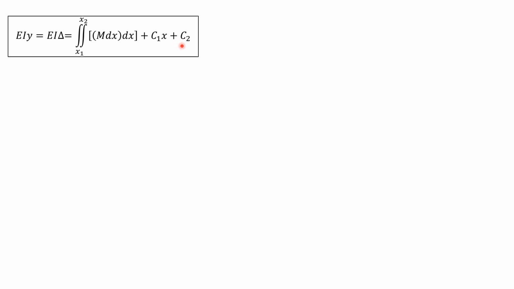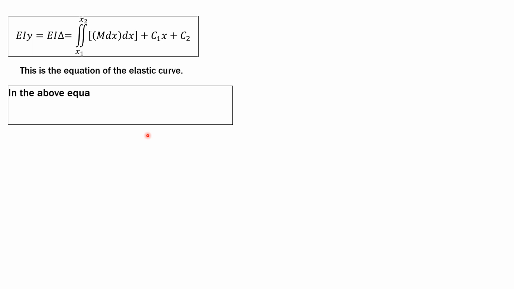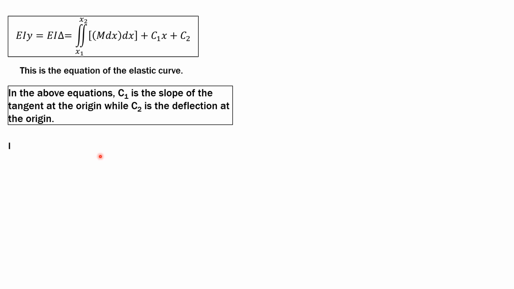If the origin is a support, then c sub 2 will be 0, but there is a value of c sub 1. When the support is fixed, then there will be no c sub 2 because there is no deflection at the fixed support, and there is also no initial slope at the fixed support. So in the above equation, c sub 1 is the slope of the tangent at the origin, while c sub 2 is the deflection at the origin.